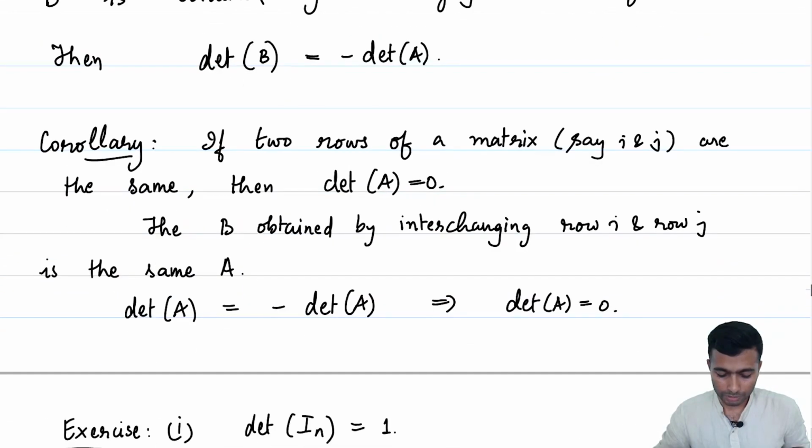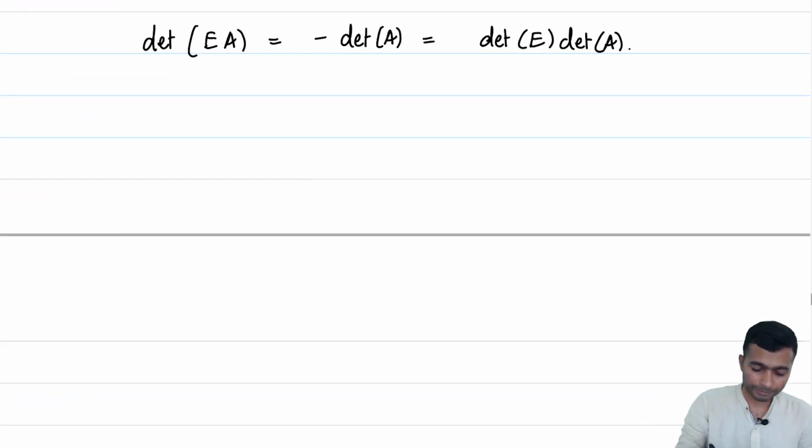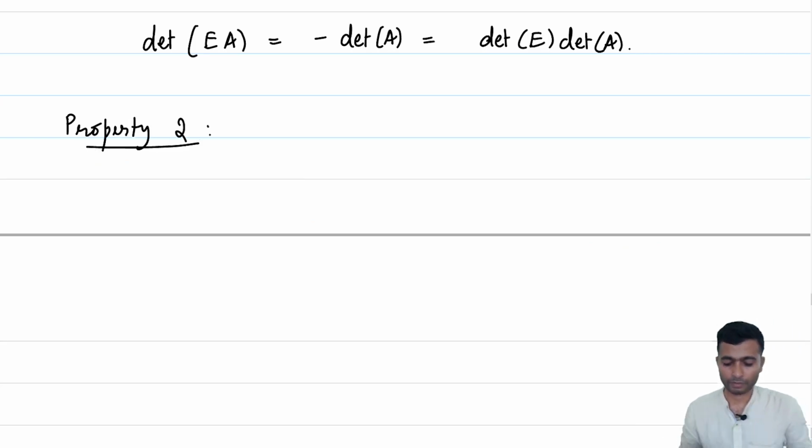All right. So, now let us look at the next property. Let us call it property 2. The next property is keeping in mind the elementary row operation of type 2. If you recall, it is just multiplying a particular row by a constant.